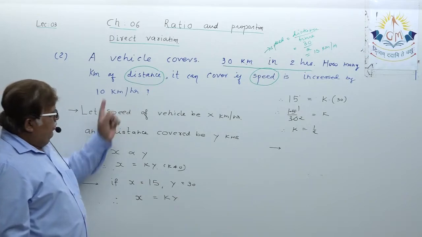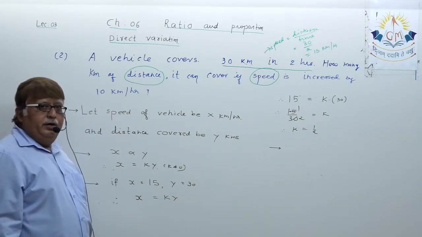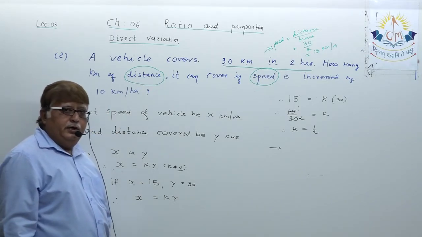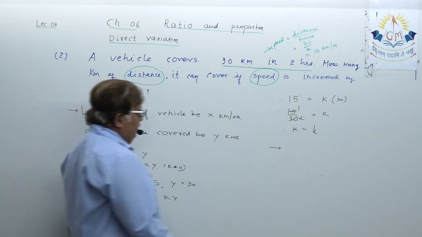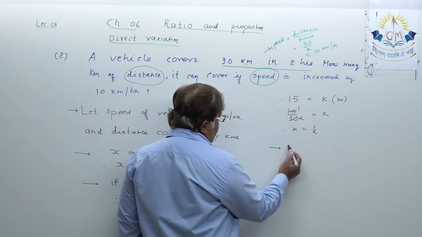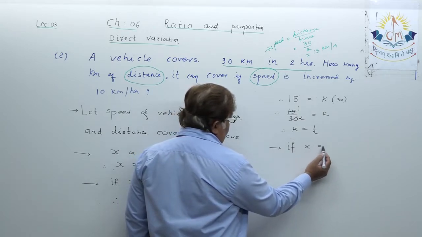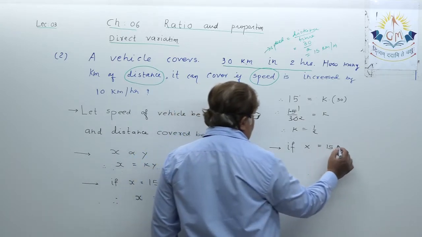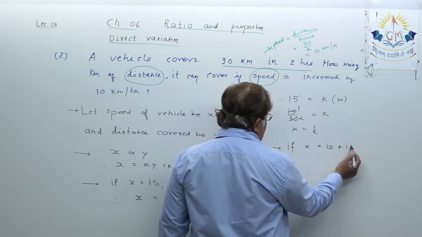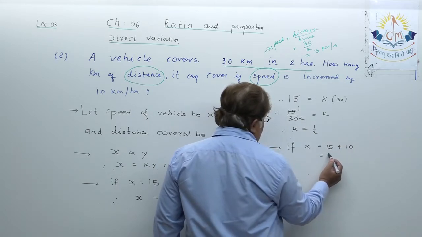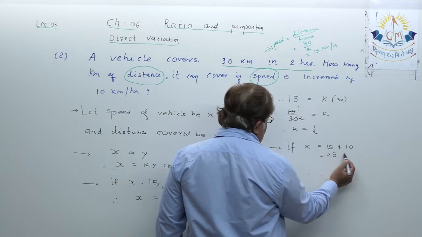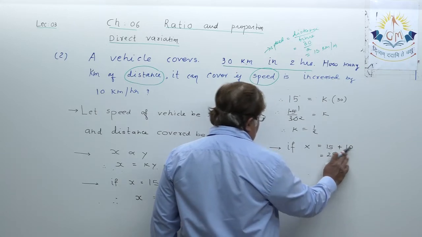Now we are increasing it by 10 kilometers per hour. So the new speed will be, if x equals 15 was the original speed, now we are increasing it by 10, so the new speed will be 25 kilometers per hour.